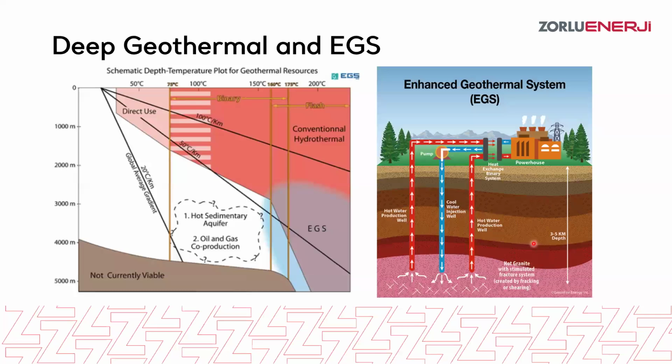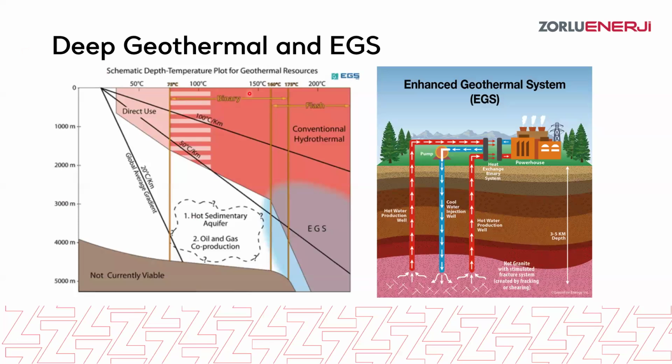And in some applications, they are more radical. They are creating fractures. They are connecting wells with each other with those fractures and creating those surface areas to create greater heat transfer. And with that heat transfer, they are using some non-reservoir fluids to harness heat from the reservoir section, from injector to producer well. And at the surface, they are using this heat energy to produce electricity or direct use in different applications.